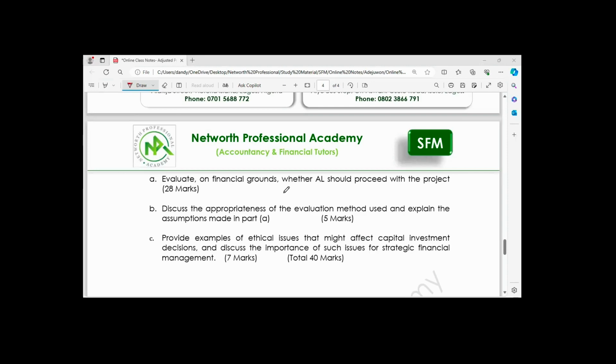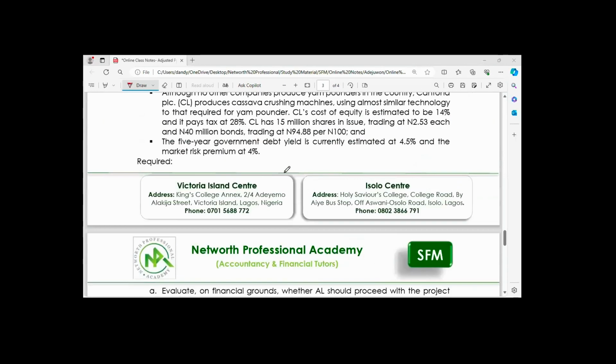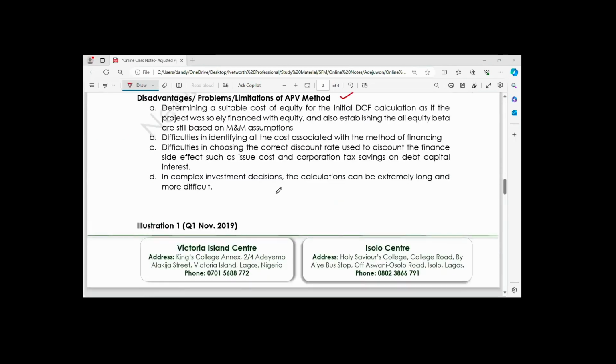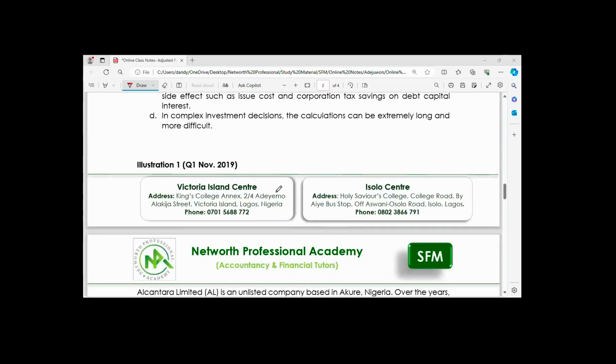So the last time ICAN tested adjusted present value was in 2019, and it was this particular question. It was November 2019, compulsory. That was the year ICAN changed the syllabus. Then in 2021 again, the syllabus was changed.